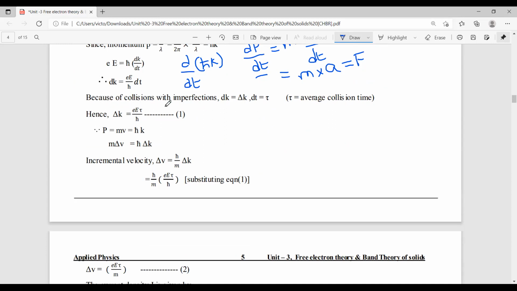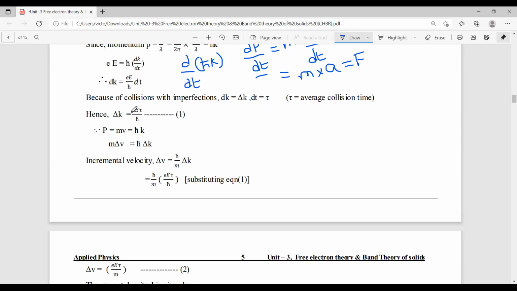As there are collisions or imperfections, dk is written as Δk, a small error in the propagation vector, and dt is taken as a small t, the average collision time.